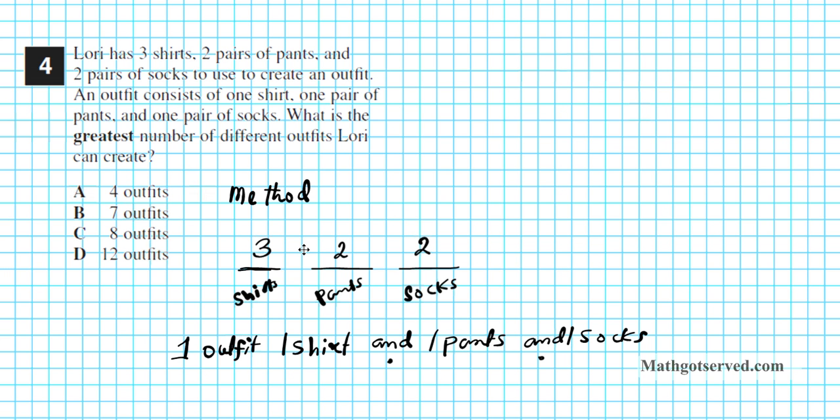You have 3 shirts and 2 pants and 2 socks, so the total is 3 times 2 times 2. If you do that, 3 times 2 is 6, 6 times 2 is 12. So you're going to have 12 unique outfits with these options. Okay, so this is method number 1, using the counting principle.